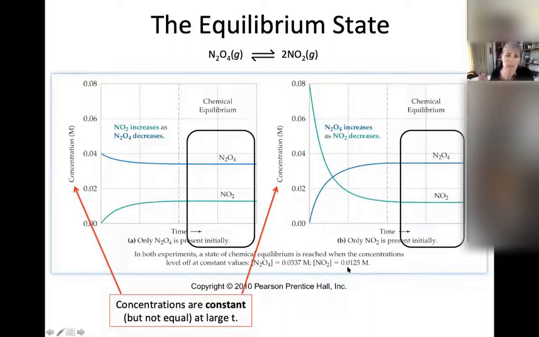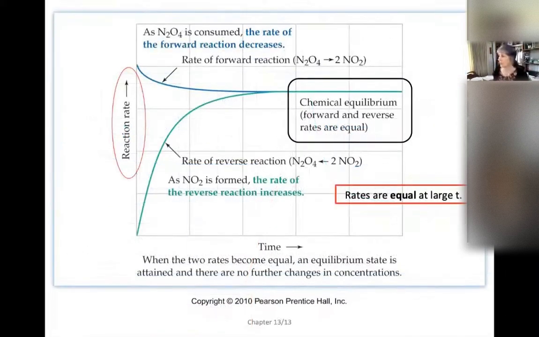Now, as long as the total amount of stuff, the total mass of nitrogen, for example, is the same, equilibrium concentrations come out to be the same. Doesn't matter which side the equilibrium starts at, that ratio for the given reaction system will be constant. So it's just another way of saying that ratio is constant.